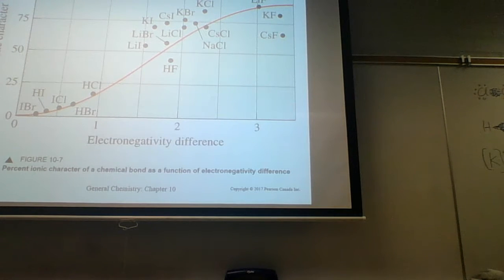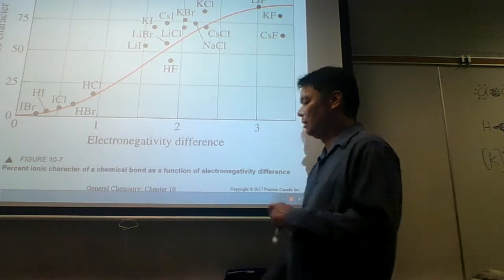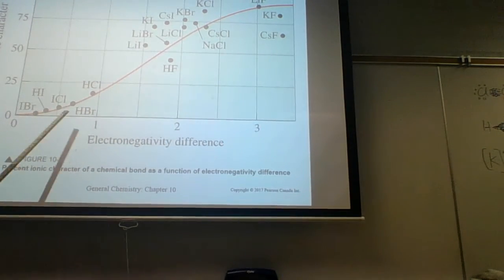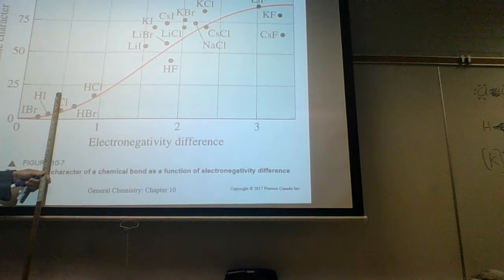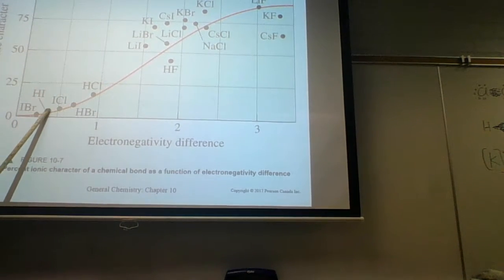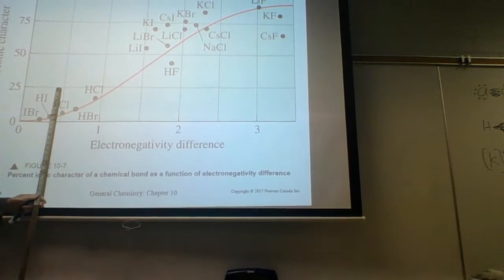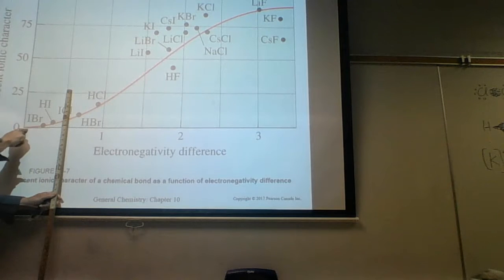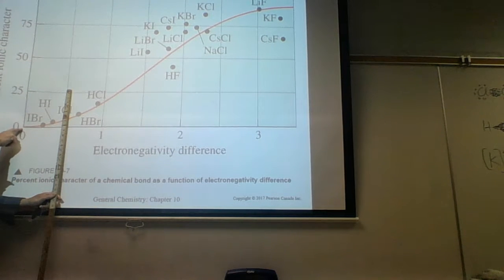So what we do is we're going to use a dividing line. If the electronegativity difference between the two elements is less than, let's say, about 0.5, then it's pretty nonpolar because the percent ionic character is minimal, so we can say that's pretty much close to 100% covalent.